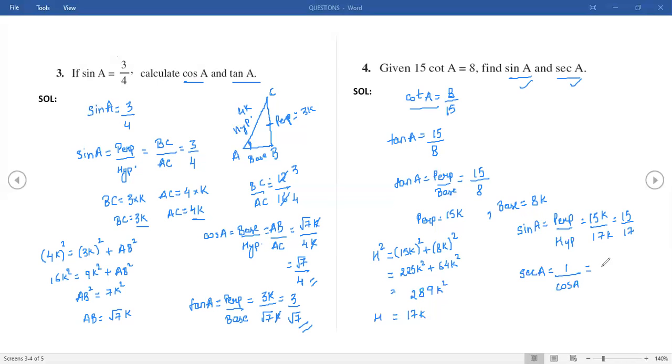Cos is base by hypotenuse, so the reciprocal will be hypotenuse by base. Hypotenuse is 17K and base is 8K. So K again cancels and you get 17 by 8.